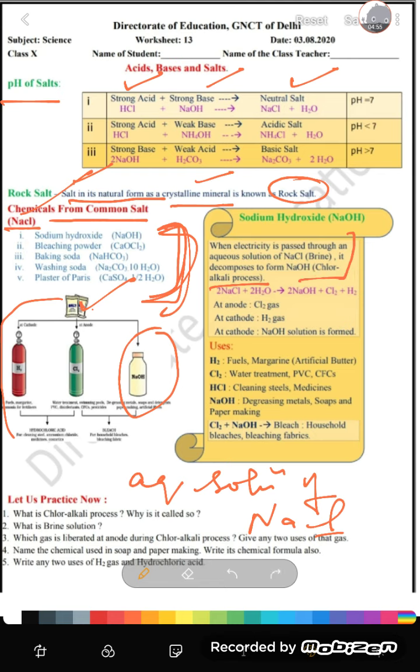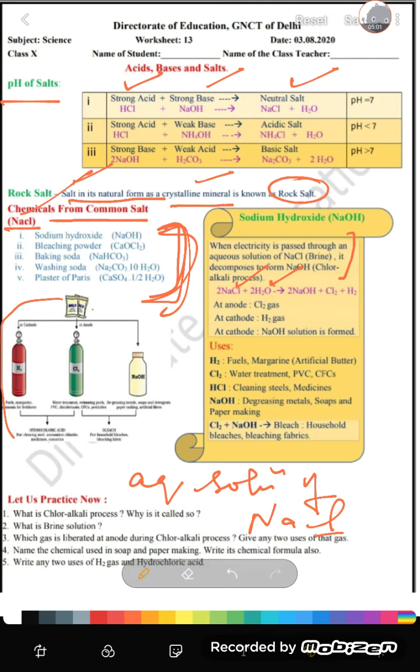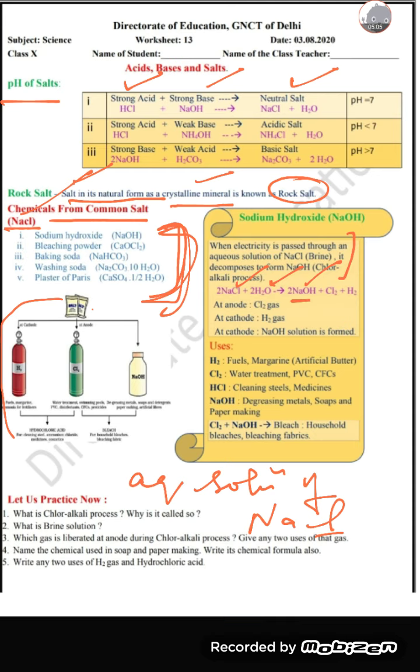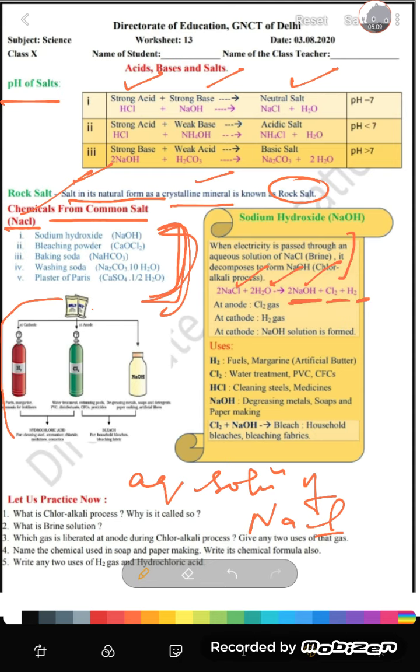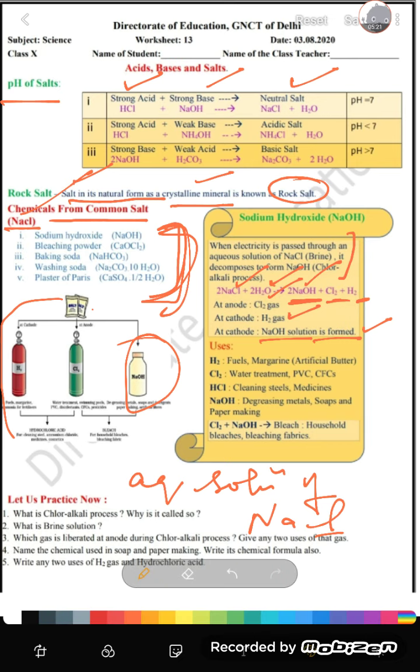And this is the equation: NaCl in water, when electricity passes through it, decomposes into NaOH, Cl2 and H2. At the anode we have chlorine gas, at the cathode we have hydrogen gas, and NaOH solution is formed. Now we have the uses of all these products.